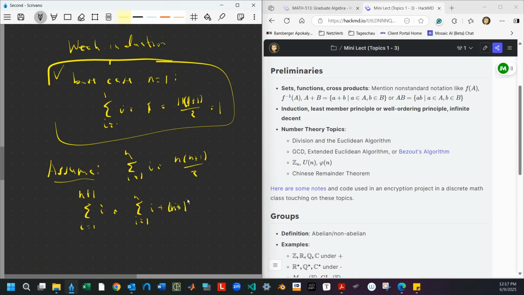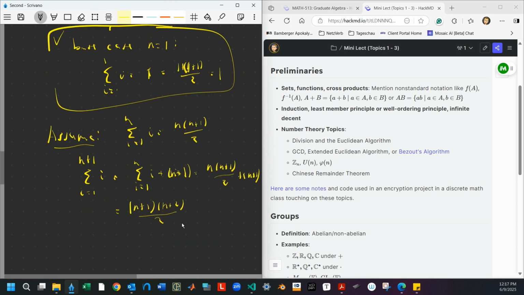I'm just pulling off one of the indices up here. And so by assumption, this is n times n plus 1 over 2 plus n plus 1. Okay, and you can play with this a little bit and see that this is n plus 1 times n plus 2 over 2. I'll leave this as an exercise. It's kind of trivial.